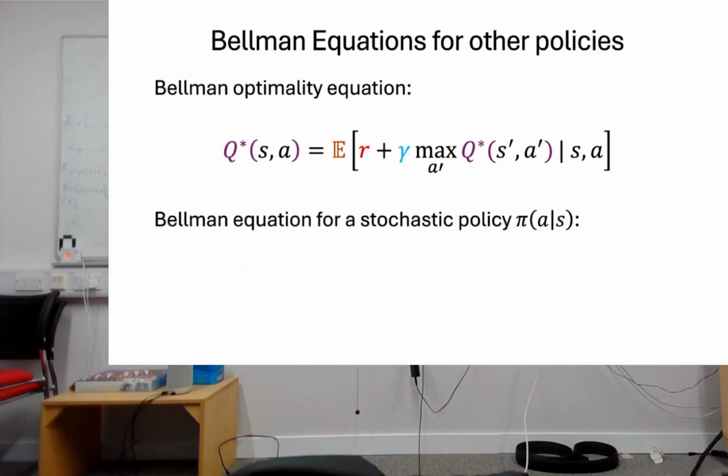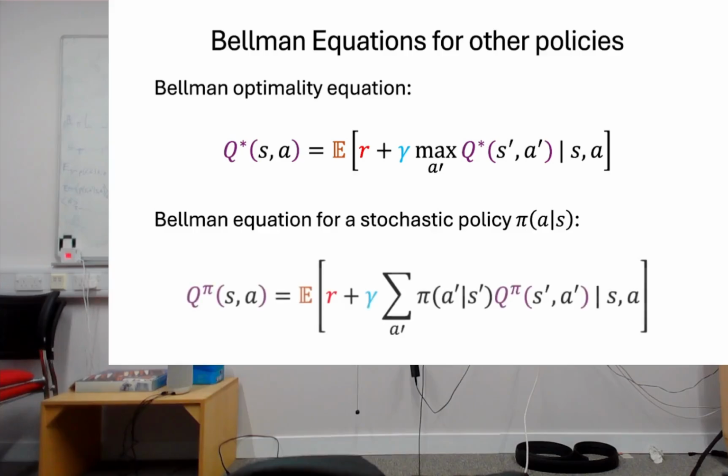Okay. What about a stochastic policy? Again, just take a few moments to think. Remember, the only thing I need to do is take this bit here, which is the next state value, and replace it with what the next state value should be if I'm following a stochastic policy like this. I'll give you 10 seconds. So for a stochastic policy, the value of the next state is just the average of the action values under my policy.